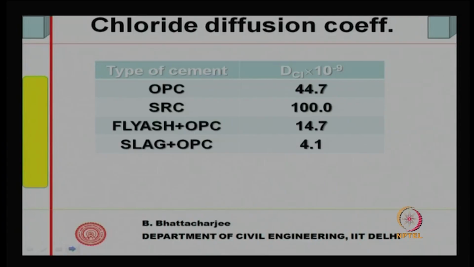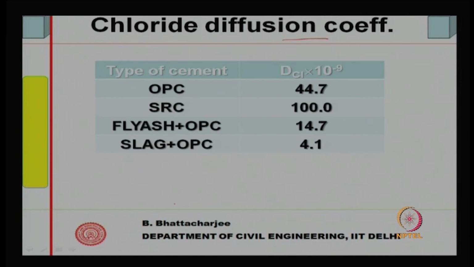Some of the specific durability problems, let us see, one of them is, for example, chloride diffusion coefficient. It is basically a measure of the possibility of flow of chloride inside the concrete.